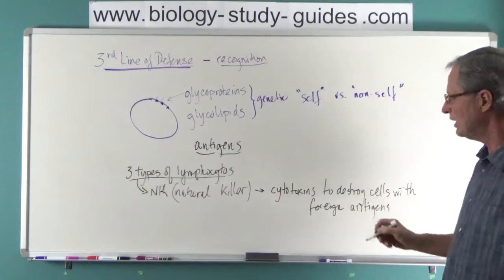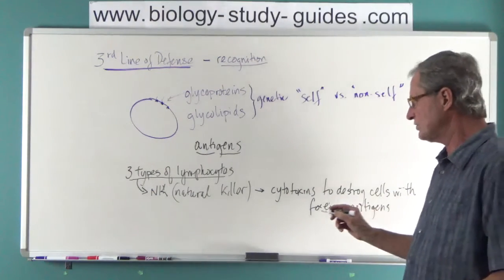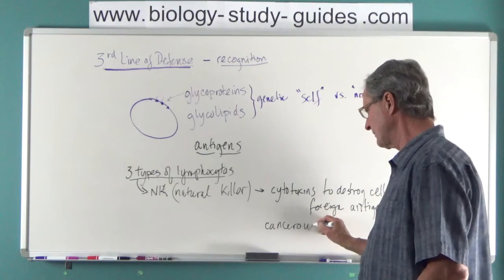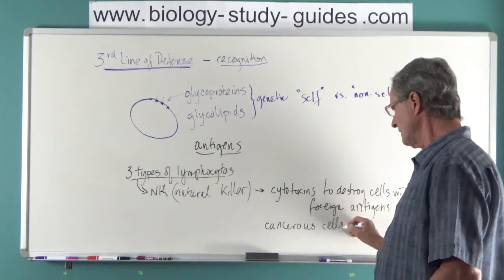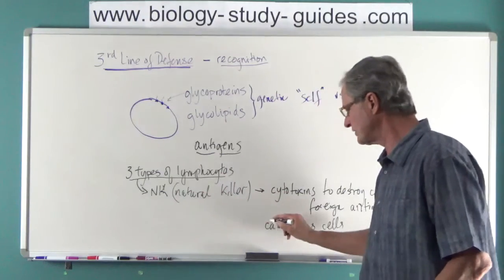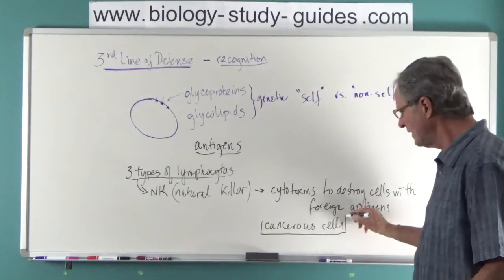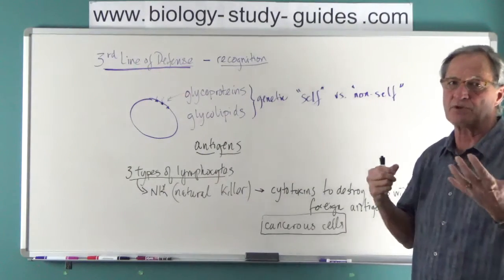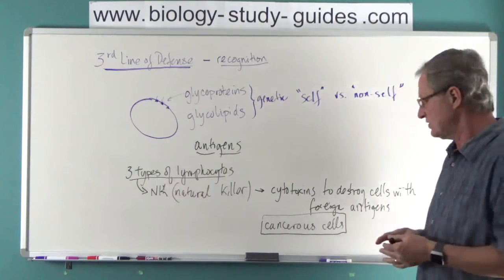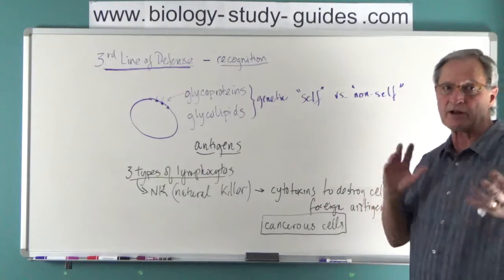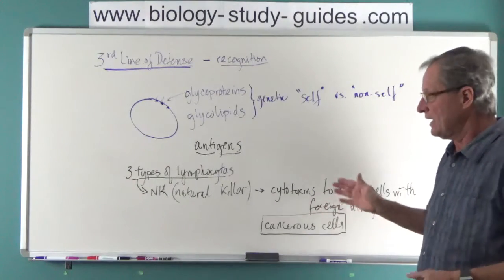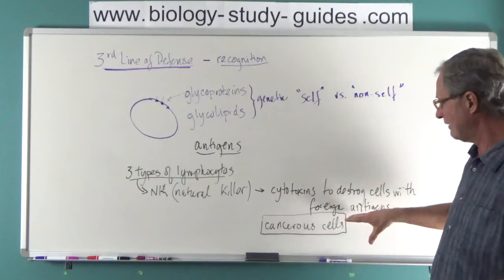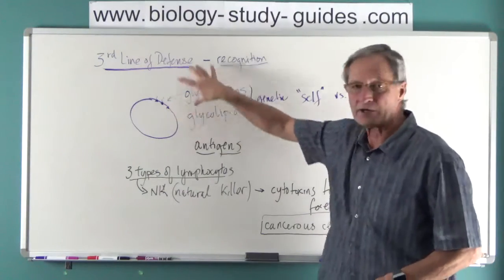One example might be if we consider cancerous cells. The natural killer cells play a very, very big role in destroying cancerous cells. It's very possible that each of us has cells which go cancerous and they're traveling around our bloodstream occasionally. Natural killer cells will recognize them because they don't have the correct structure in their membrane.